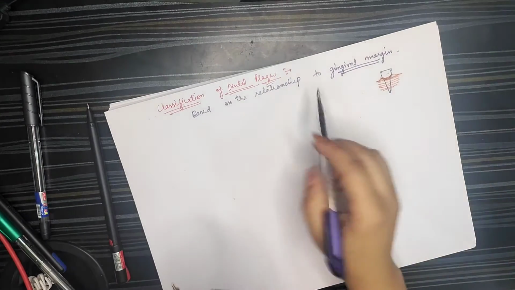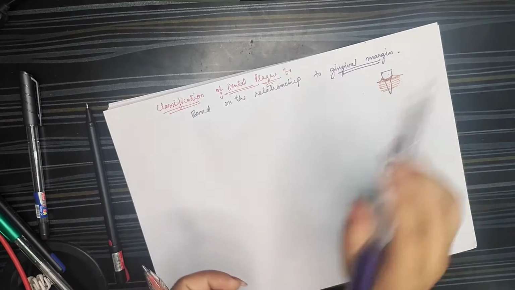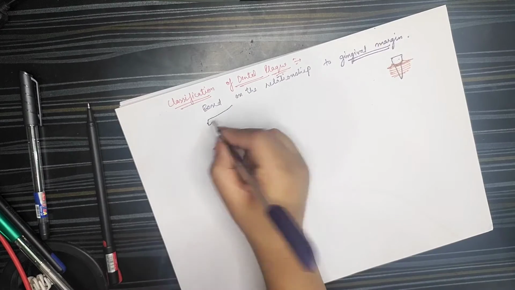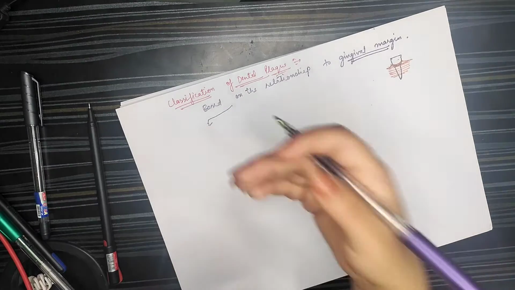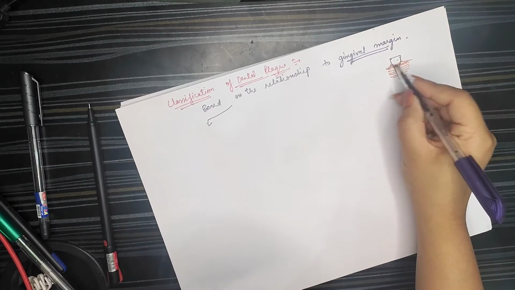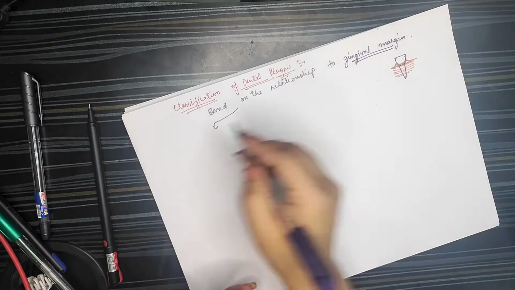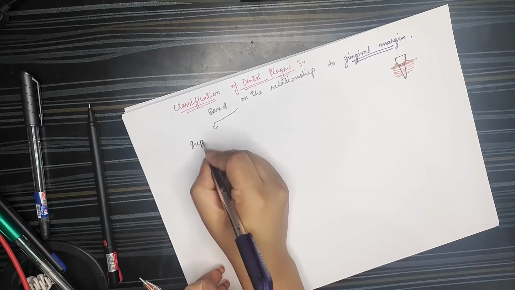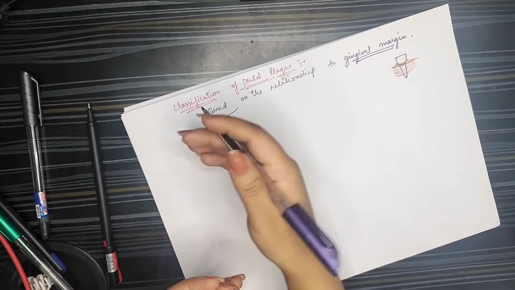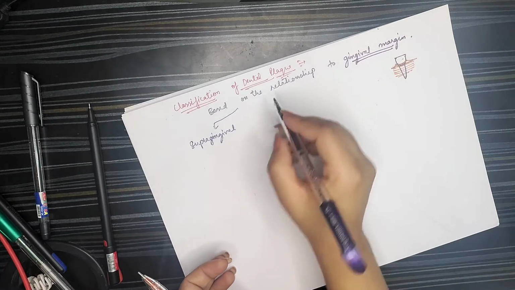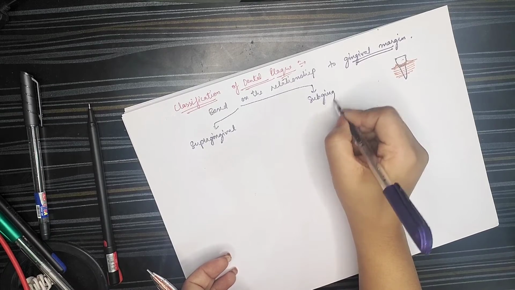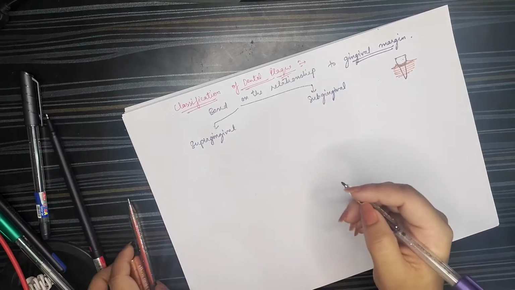So based on the relationship to marginal gingiva, dental plaque is classified into supragingival, which is above the marginal gingiva, and subgingival, which is below the marginal gingiva.